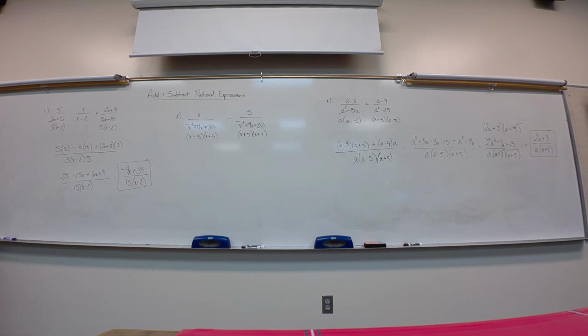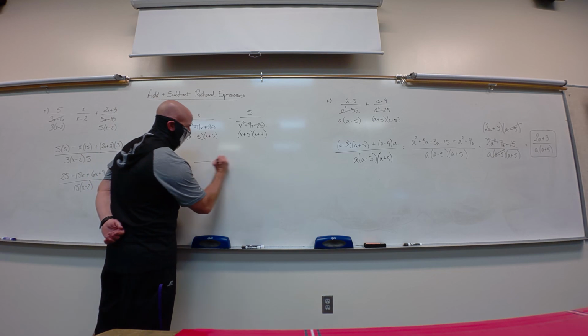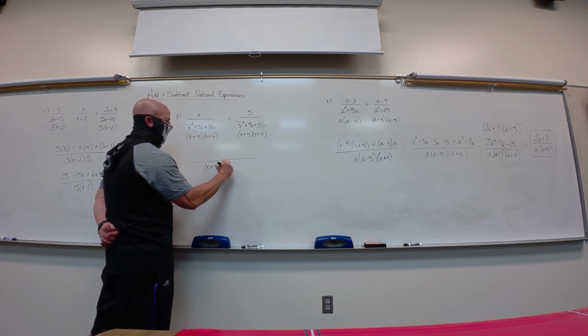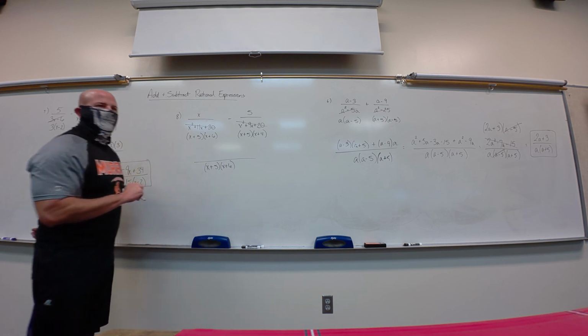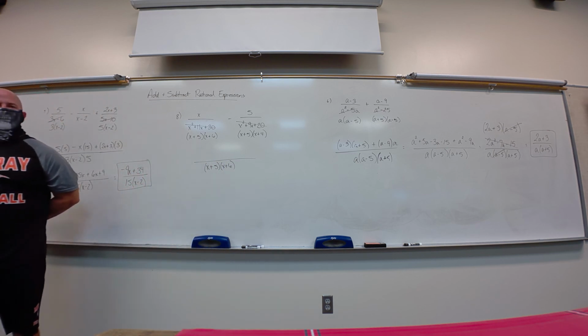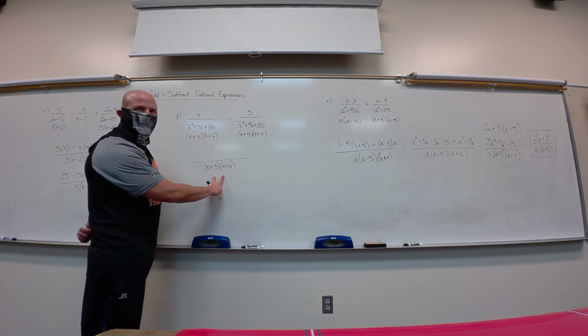Again, it looks like a mess because I got 2 on the left, 2 on the right. Stick to the process. To get your common, first step, write the first one down. X plus 5, x plus 6. It's worked every time so far. It's going to continue to work. I get that first one down because if it's here, it's part of the common.